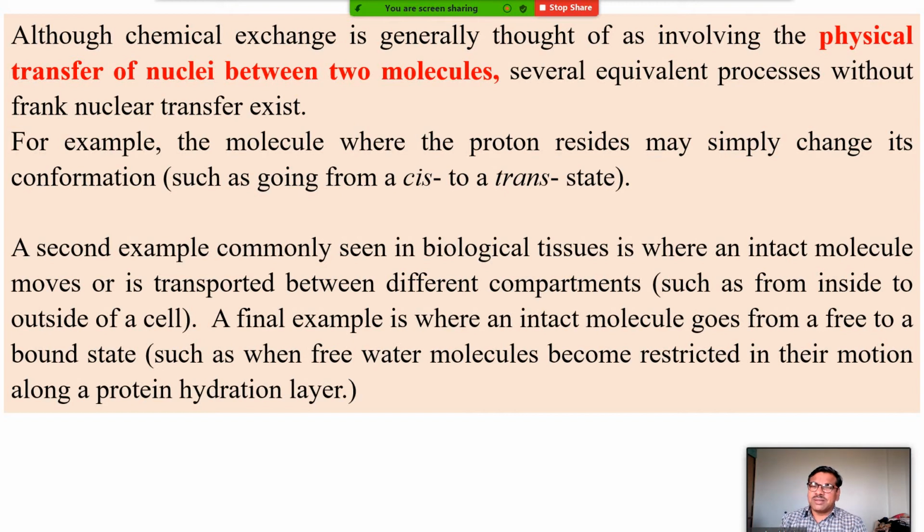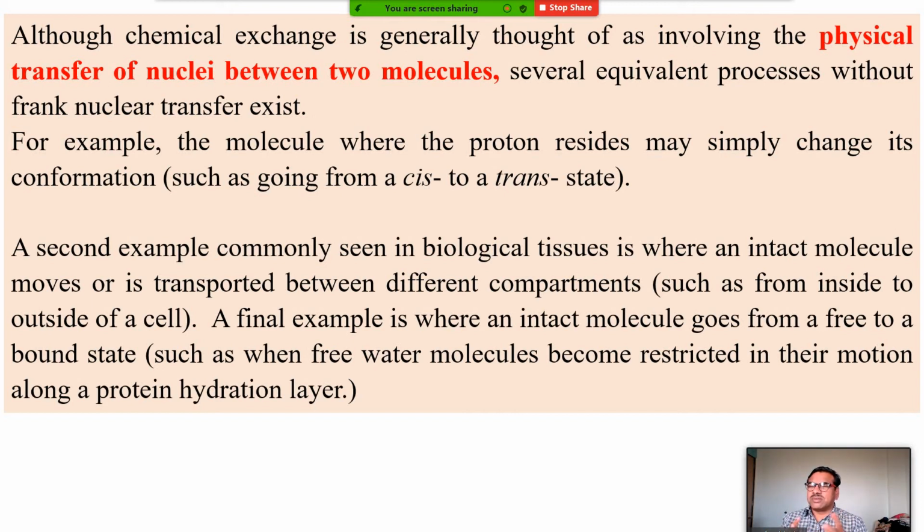For example, the molecule where the proton resides may simply change its conformation. For example, cis and trans position. If you look at cyclohexane, it is well known to you. There are two different types of cyclohexane: one is called cis cyclohexane and the other trans cyclohexane. What is the change in that position?